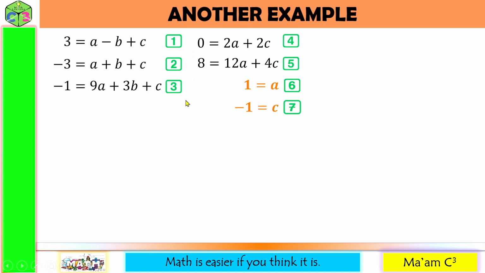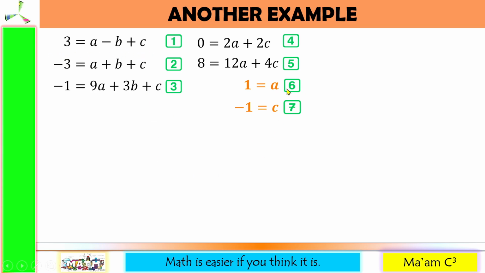So we have here our equations 1 to 7. Since I already know the values of A and C, I can substitute equations 6 and 7 to any of the first three equations. Let me choose equation 1. This looks the simplest equation among the three.